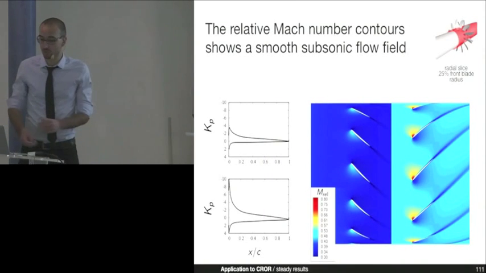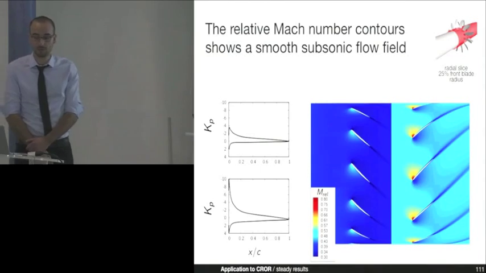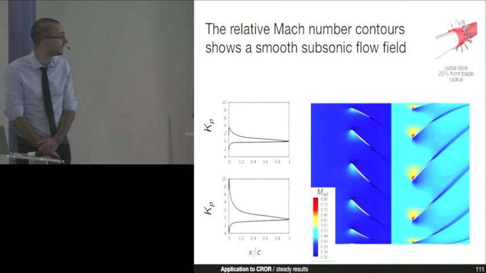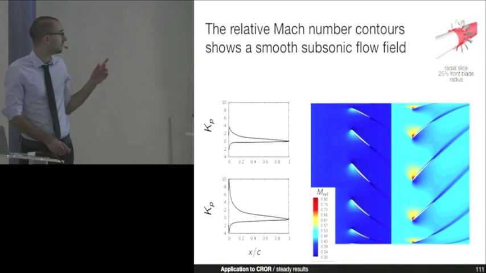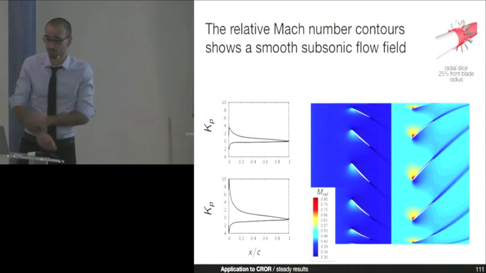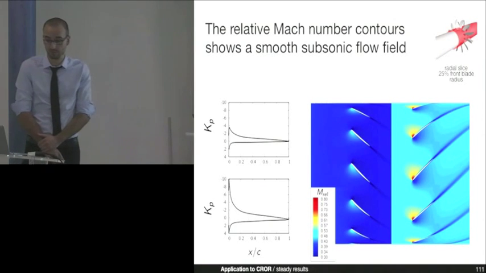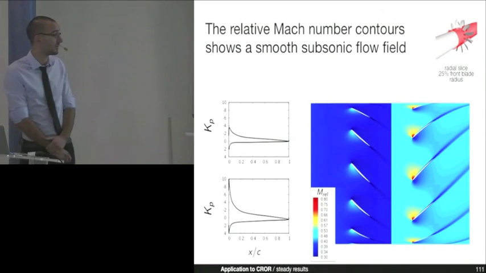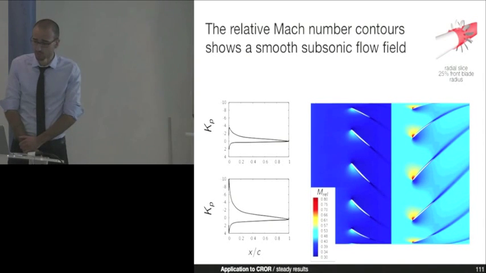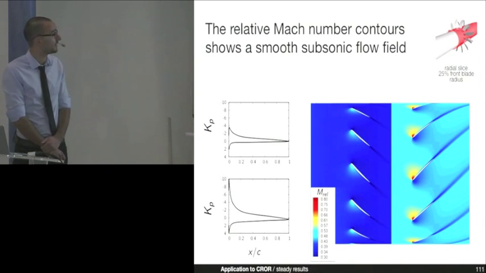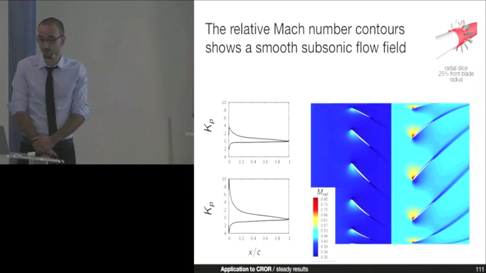Now we can analyze the relative Mach number contours, which show a smooth subsonic flow field. In fact, pay attention, the axes are reversed, meaning that the upper part is the suction side and the lower part is the pressure side. And you can see the classical relative Mach number contours for a subsonic flow field.